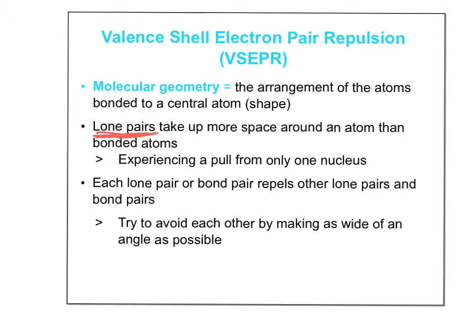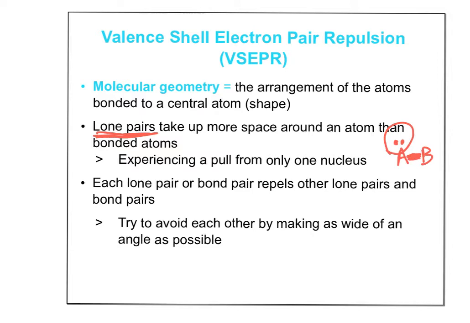The reason is lone pairs are only on that atom. So let's say I have an atom A bonded to B, but A has a lone pair. This lone pair takes up more room on A than atom B does, because this lone pair only belongs to A, whereas the electrons in the bond right here belong to A and B.